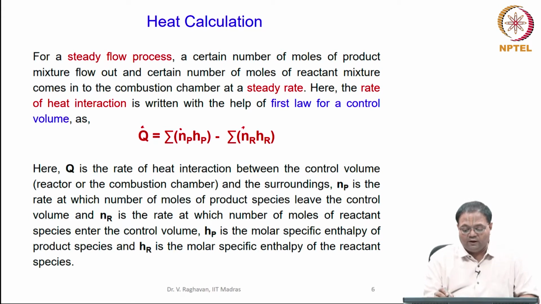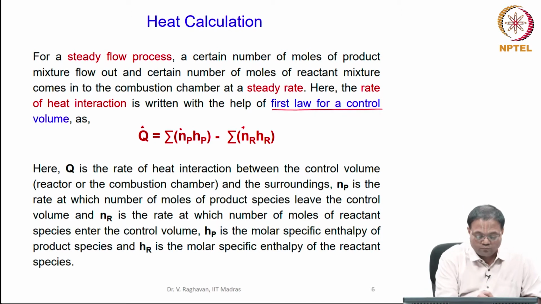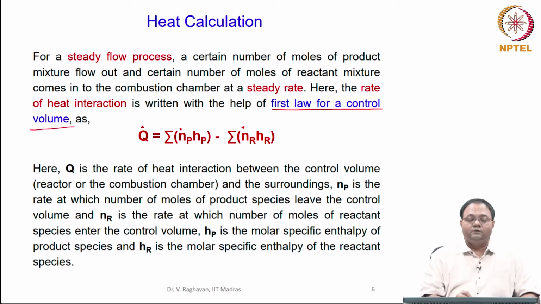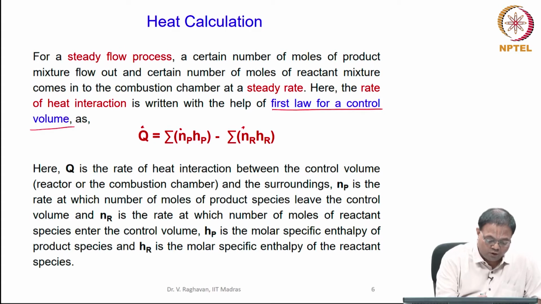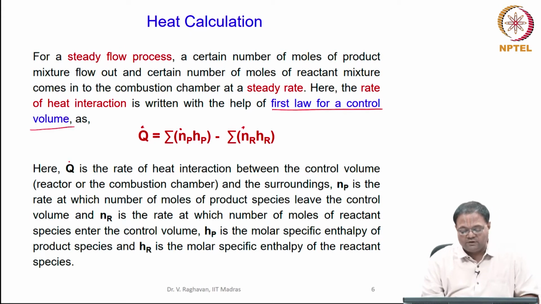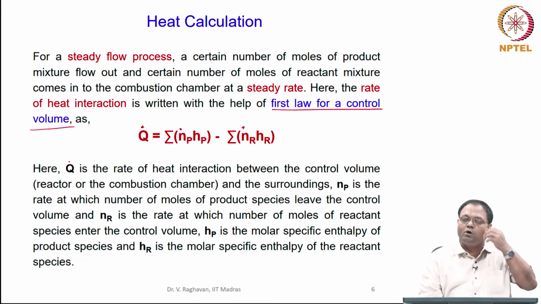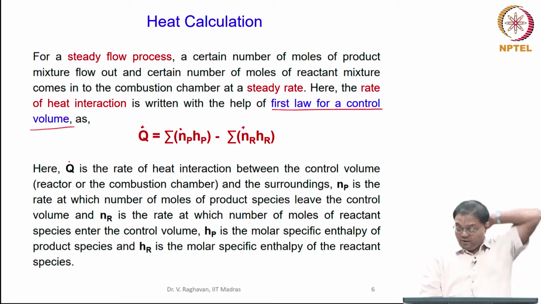Now we can see that the first law for the control volume states the rate at which heat interaction occurs. I have written here Q without the dot, but anyway you can put the dot also if you want. Q dot is the rate at which heat interaction occurs between the control volume, which is the reactor or combustion chamber, and the surroundings.